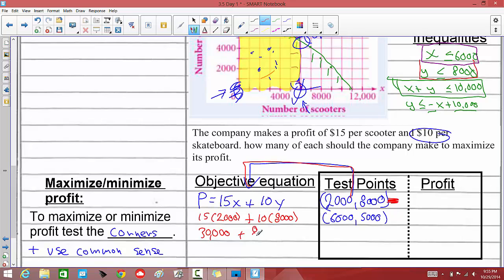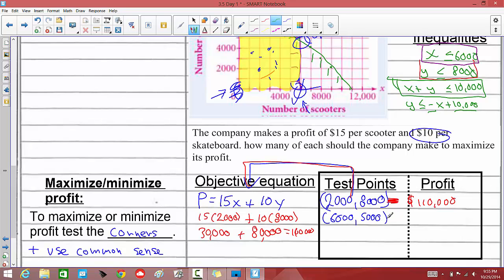Plus 80,000. 30,000 plus 80,000 is 110,000. So our profit, if we were to sell 2,000 scooters and 8,000 skateboards, would be $110,000. Nice chunk of change right there. Okay, so that's this one.